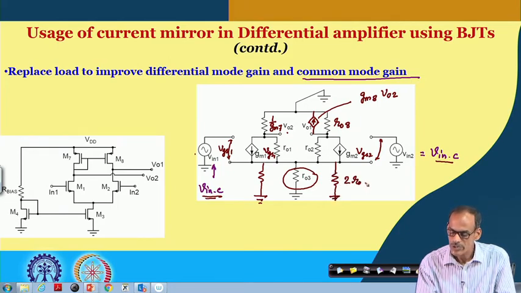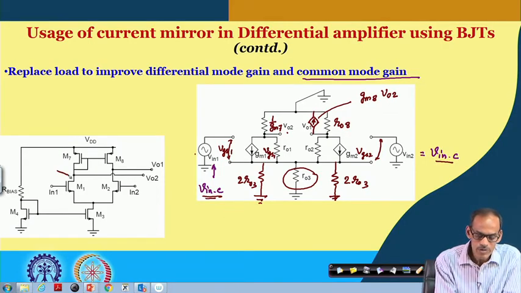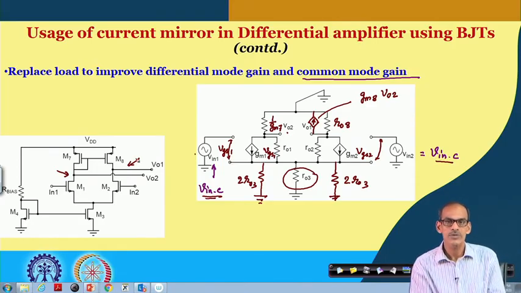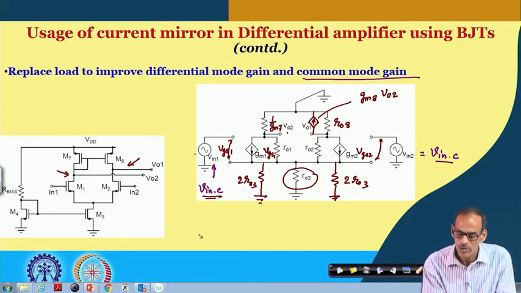This is 2 times RO3 and this is also 2 times RO3. Now, as I said, this voltage and this voltage under strictly common mode operation, whether for DC voltage or even for common mode condition, these two voltages are equal.